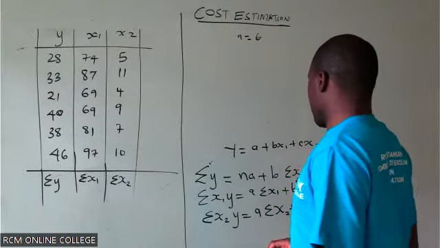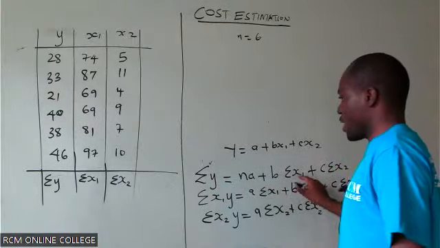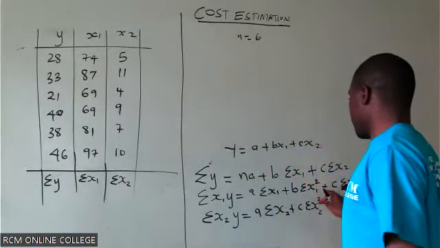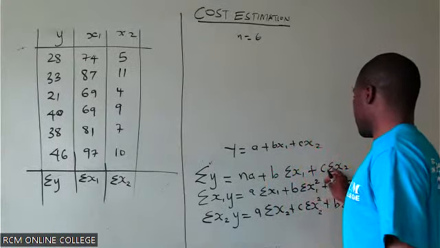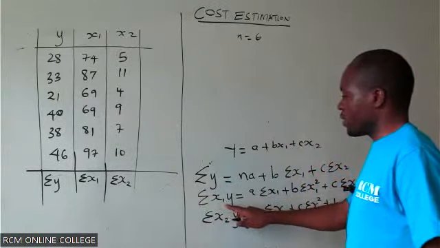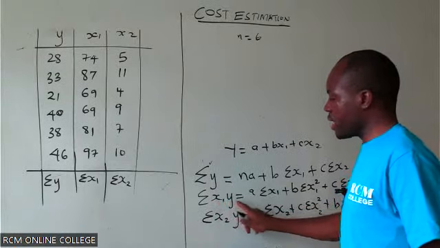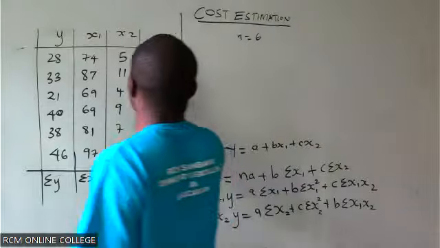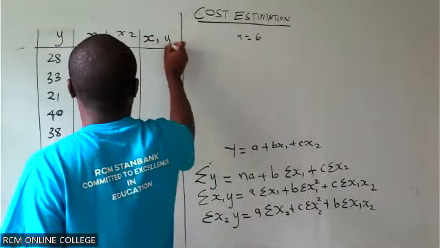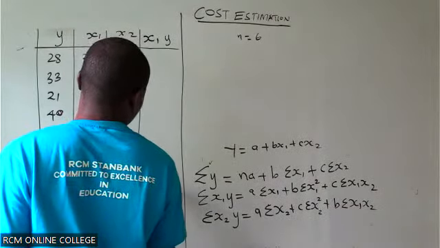X1, I have them. But now look at this equation here. Summation of X1, I'm going to get it when I add everything in that column. Summation of X1 plus C, summation of X2, I have it here. When I go to the second one, summation of X1Y, it means I need a column for X1 multiplied by Y. Then down here, you'll be able to get summation of X1Y.